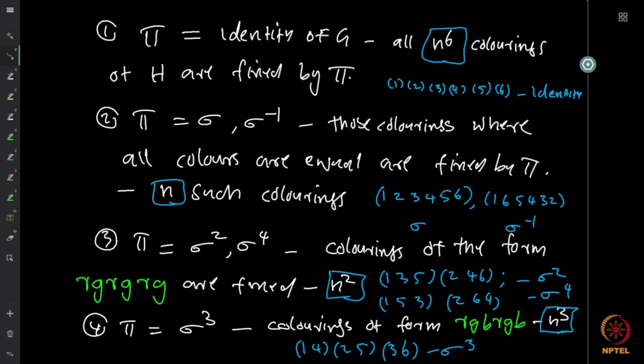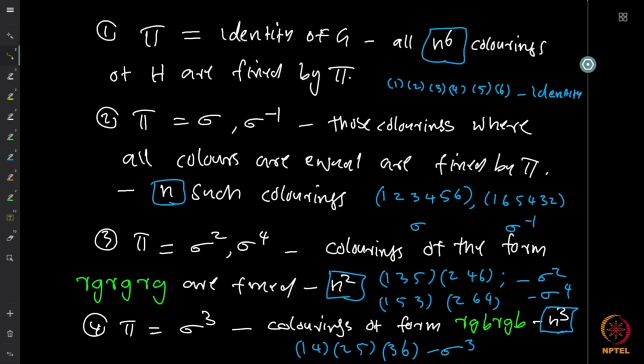All the elements in this cycle are rotating by one step, or it forms a cyclic rotation. This cyclic rotation will fix a coloring only if all the corresponding elements which appear in the rotation get the same color.